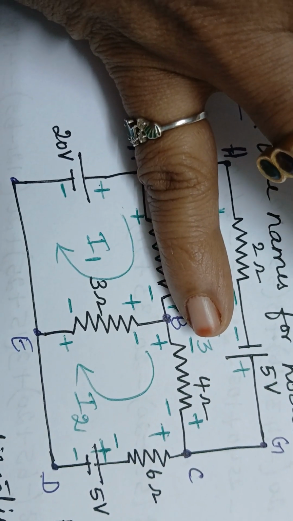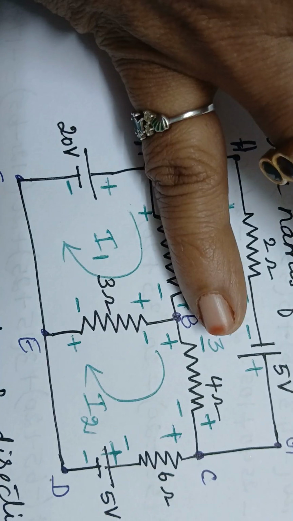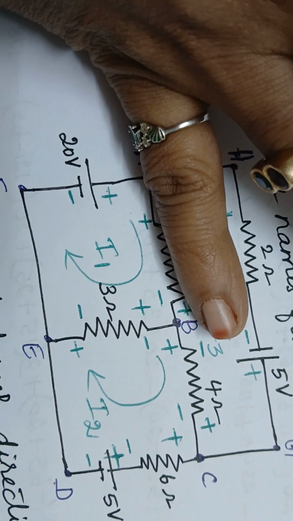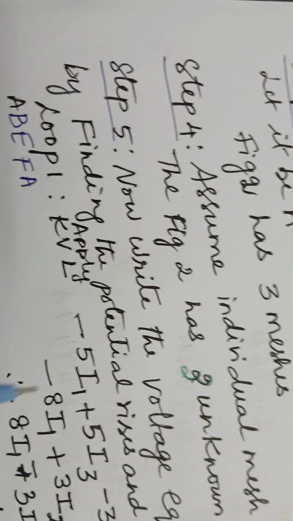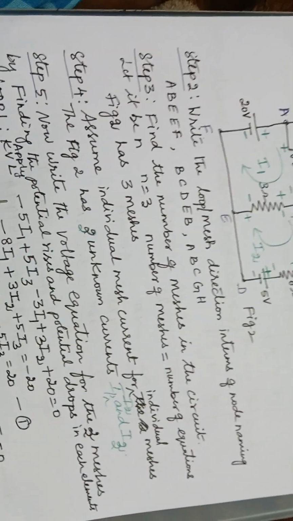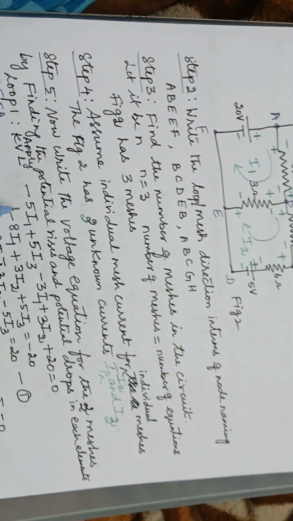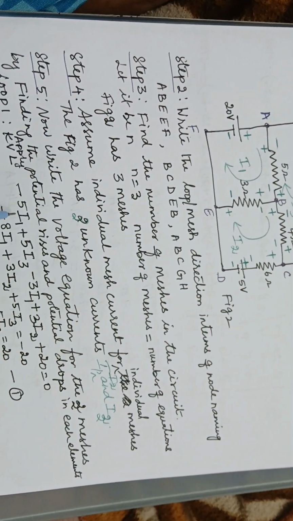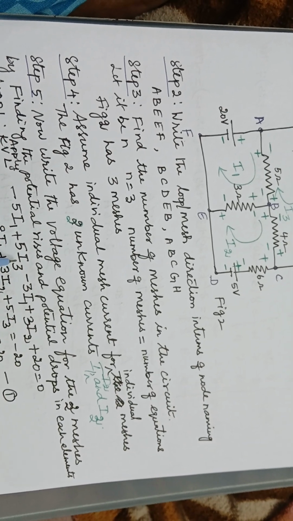Minus to plus means entering is minus, so it is plus 5 into I3. So here we get minus 5 into I1 plus 5 into I3.